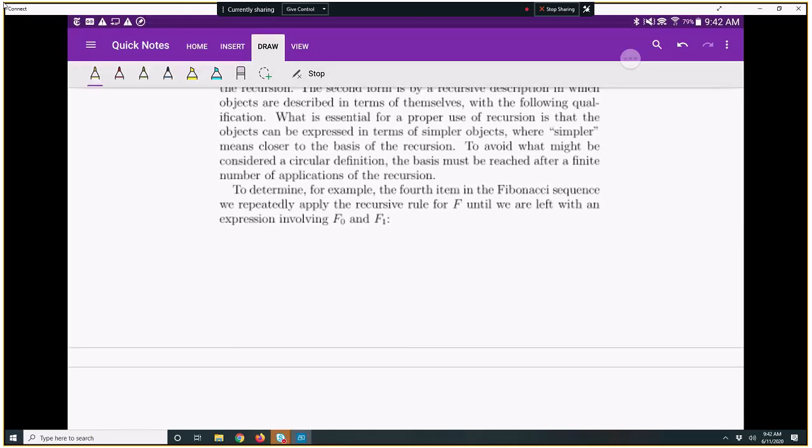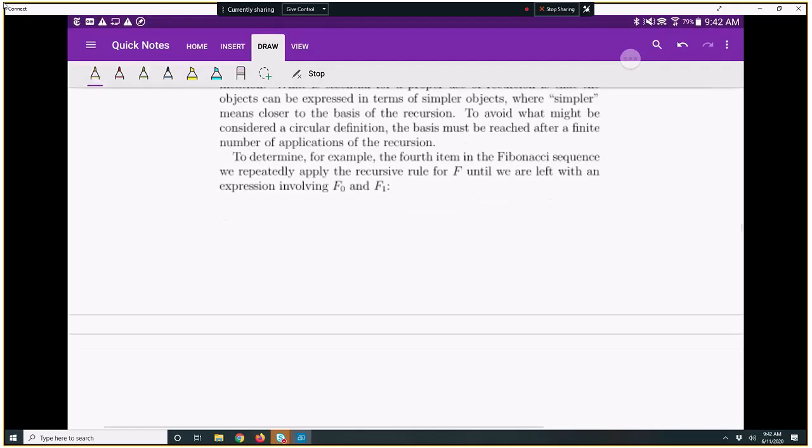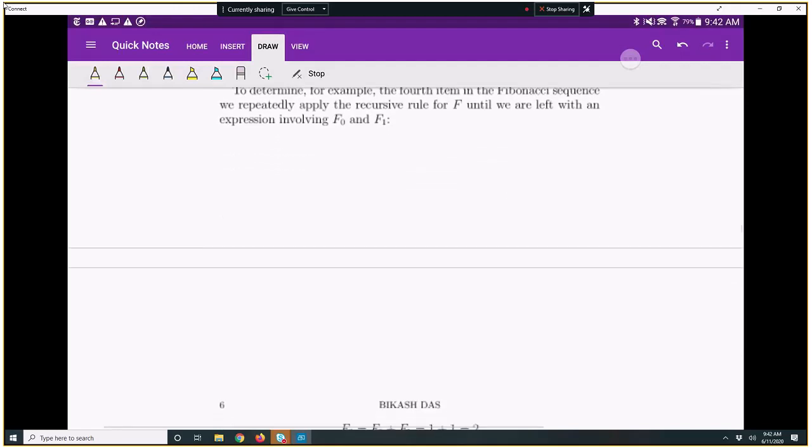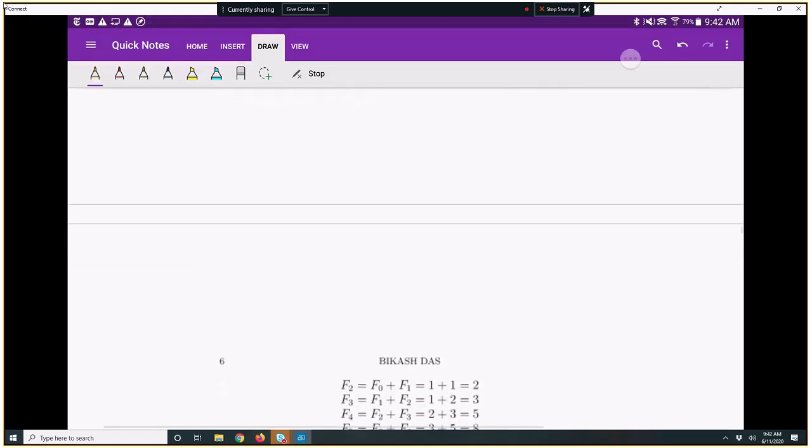So to determine, for example, the fourth item in the Fibonacci sequence, I showed you the third one. But to find the fourth one, we would repeatedly apply the recursive rule.